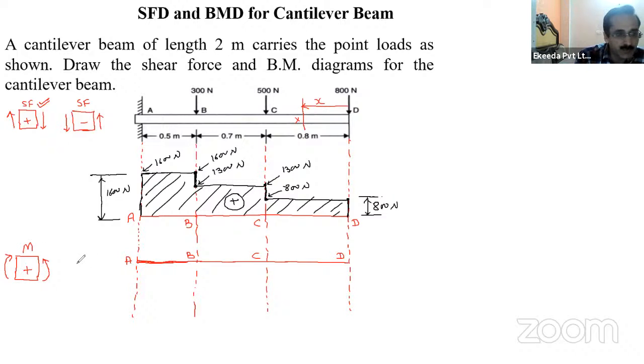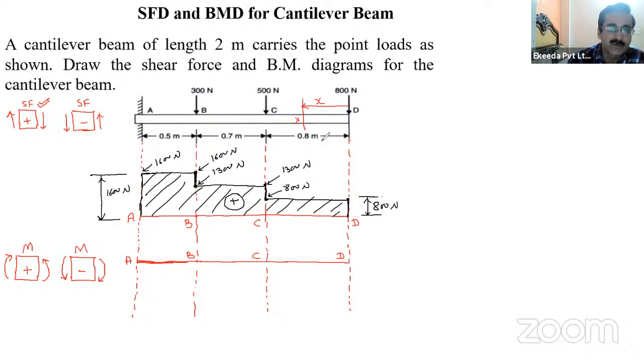This is positive bending moment, and this we have taken as negative. This sign convention is chosen by us only. You can choose any sign convention, that is not an issue. We will follow this sign convention. Because we are taking the right of the section, and on the right of the section the forces are downward, it will make a clockwise movement.